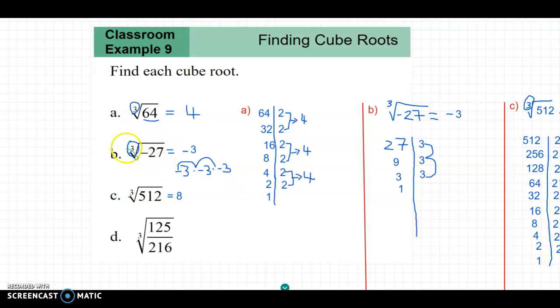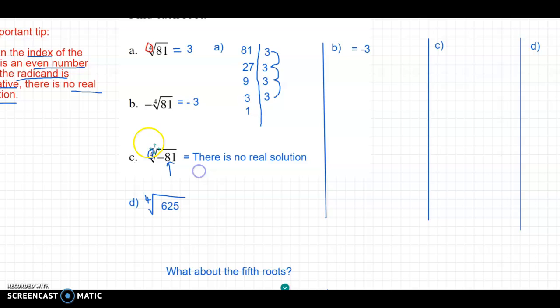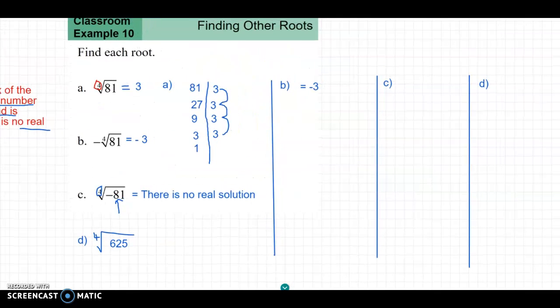So that's possible when the index is an odd number. If the radicand is negative and the index is odd, it's possible. But here it is not possible because this is an even number. There's no real solution here. So that's the answer for C.